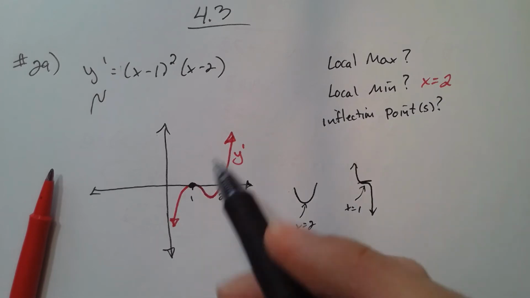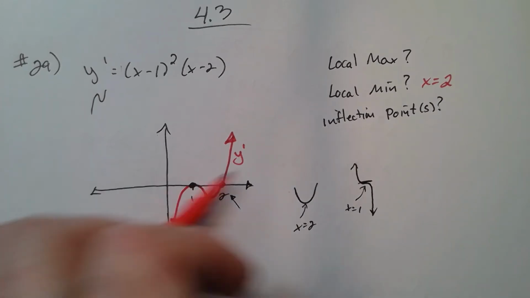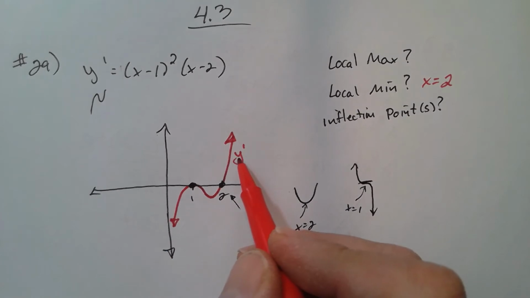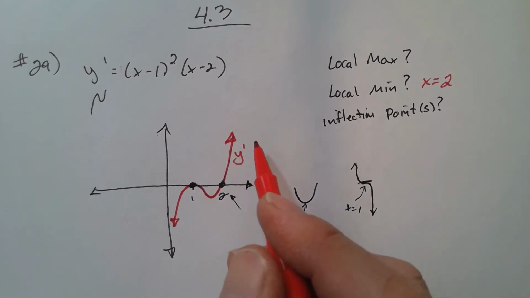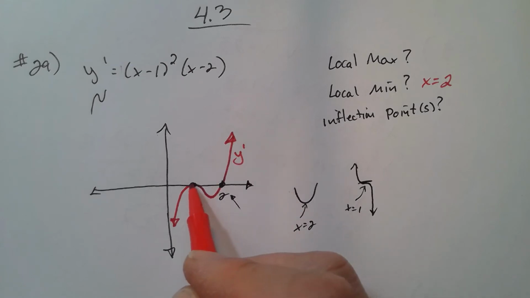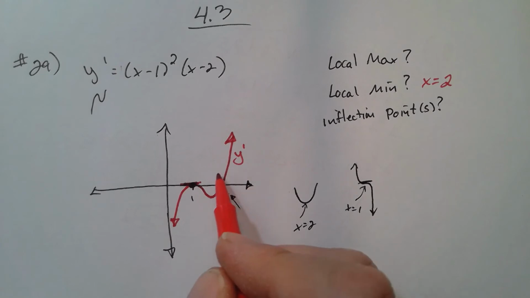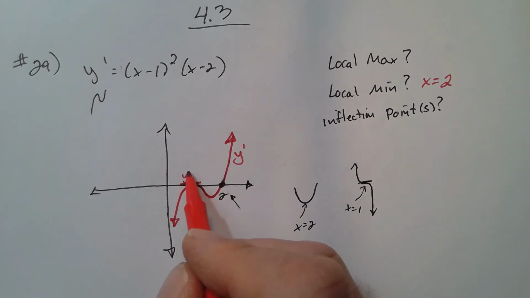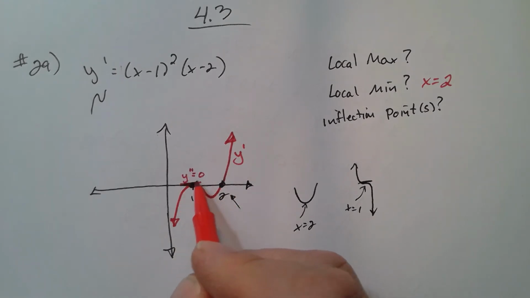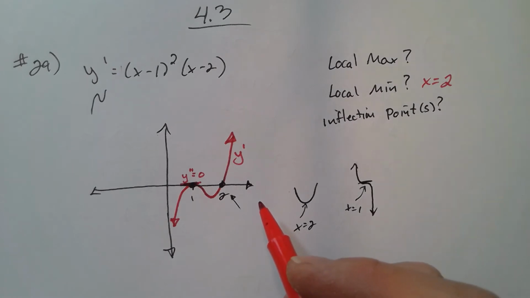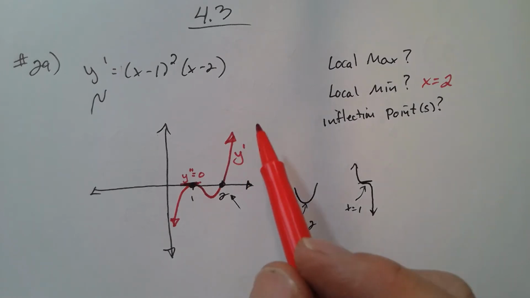So we know that the slope of the derivative represents the second derivative of y. So we know right here that the slope of y prime is 0, therefore y double prime is 0 at this point. Now does it change concavity?